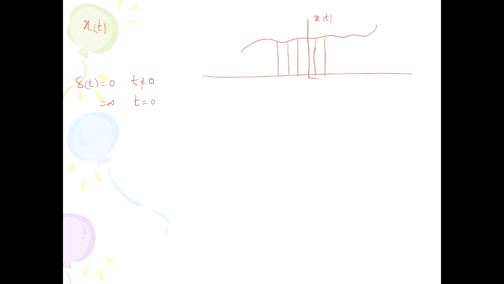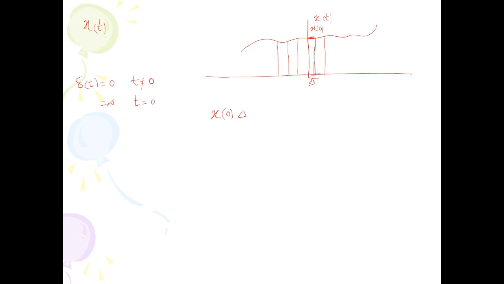This is delta. This value will be x of 0, and the height will be delta. Now what about this value? That is x of 0 into delta.